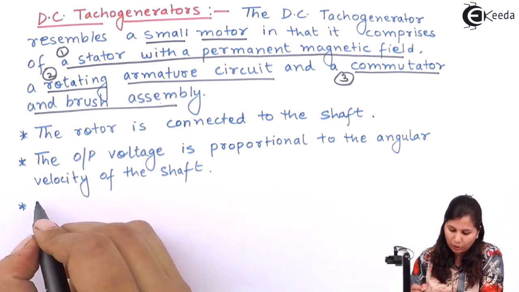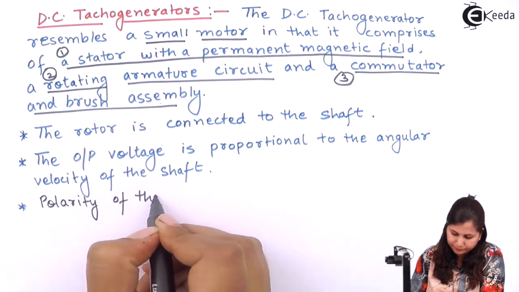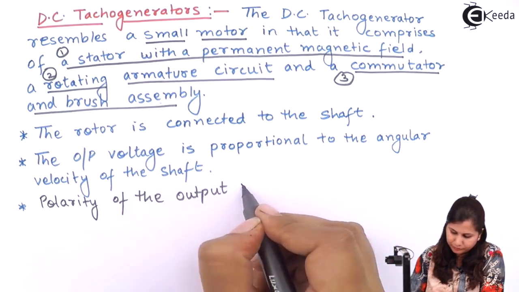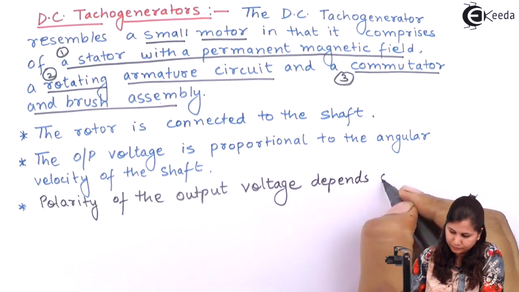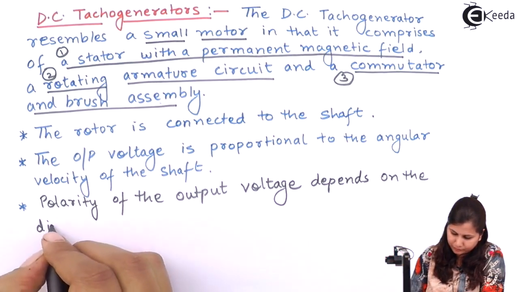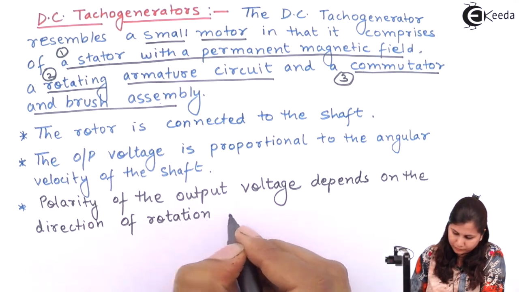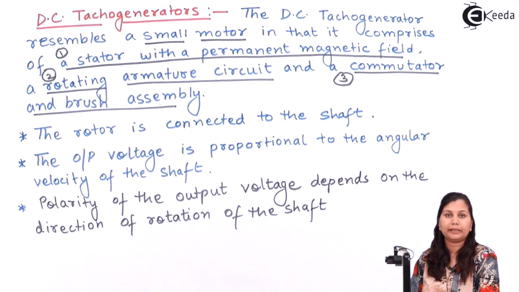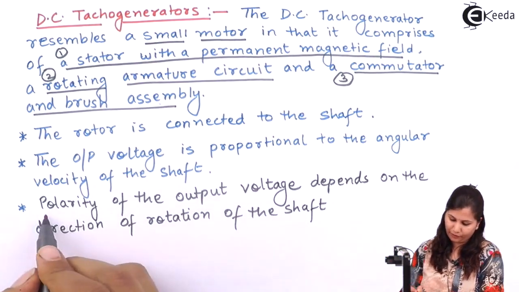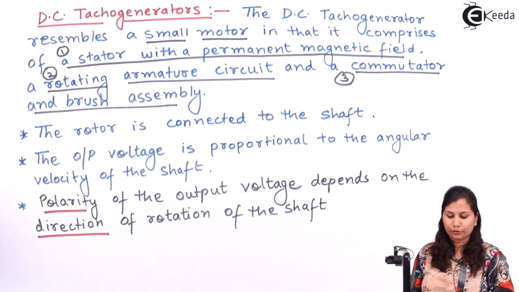So the polarity depends upon the direction of rotation of the shaft.